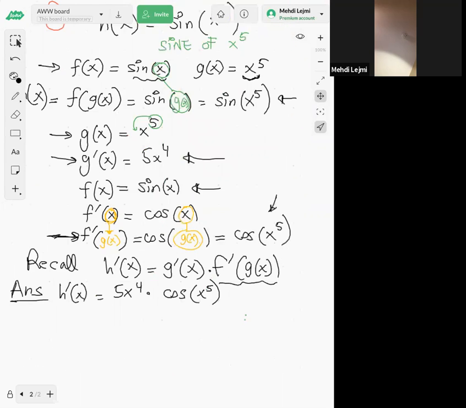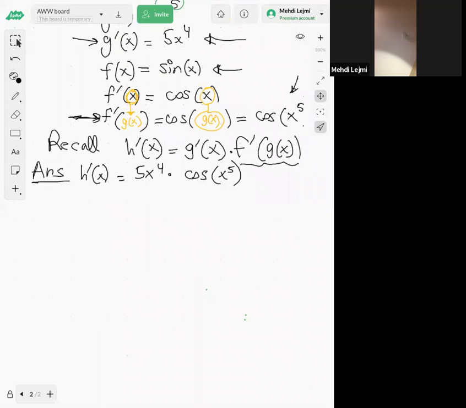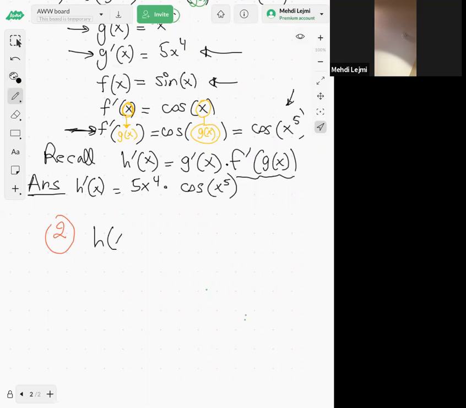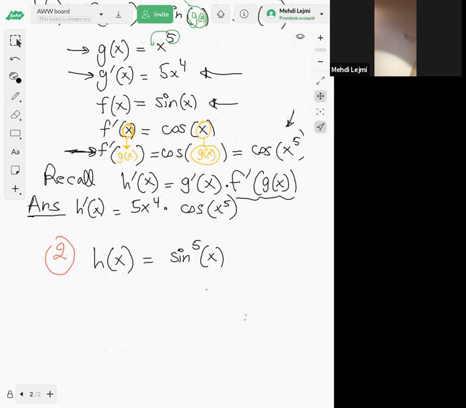So now, if we move to number 2, h of x equals sine to the power 5 of x. Again, this is different from number 1. In number 1, it's sine of x to the power 5.